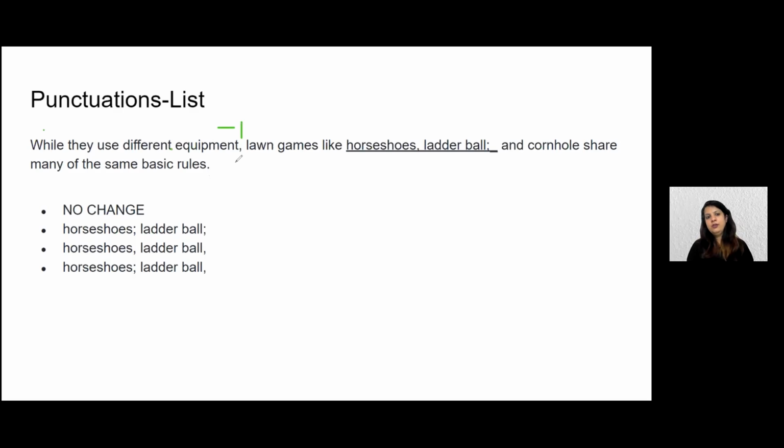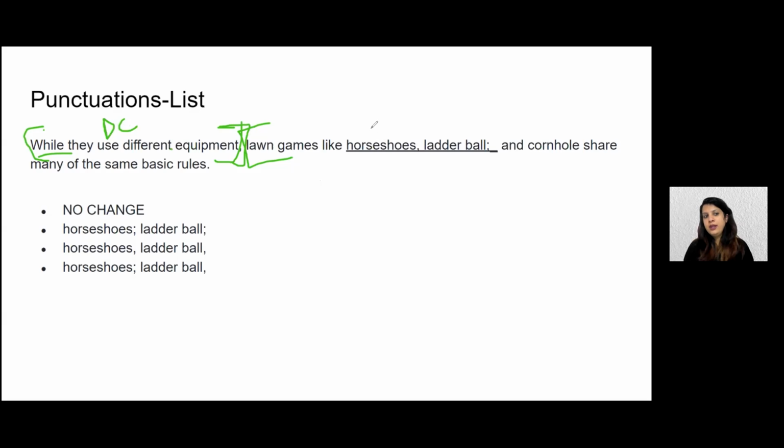When I say while they use different equipment, while is making this part of the sentence dependent. So if you split this sentence apart, you realize that the first part of the sentence is actually a dependent thing. Technical term, we call it a dependent clause. The second half is giving me the list.